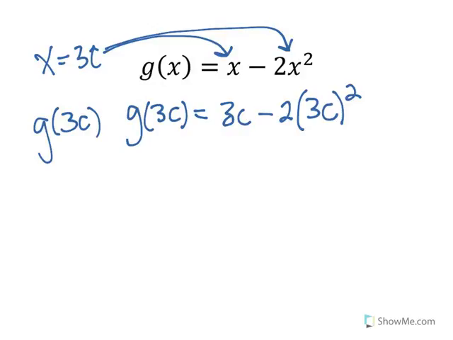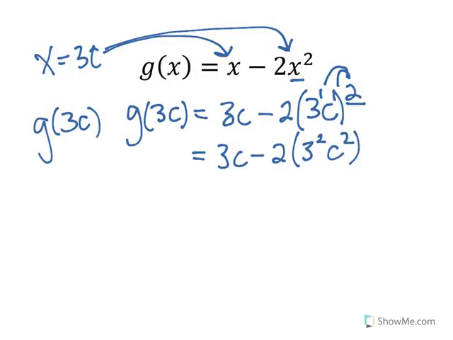So both 3 and c have to be squared because they're going in place of x. Here we use the power law, so that means that we multiply the exponent outside of the parentheses by the 2 inside, so we get 3c minus 2, and then we've got 3 to the power of 2, c to the power of 2.